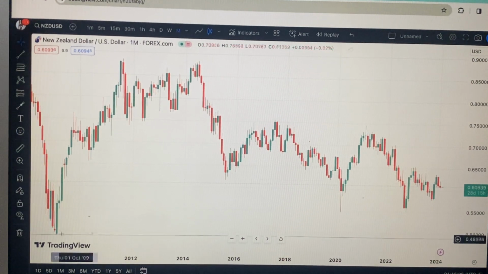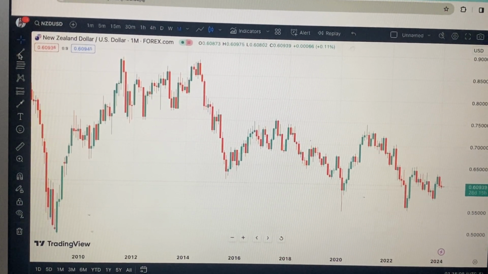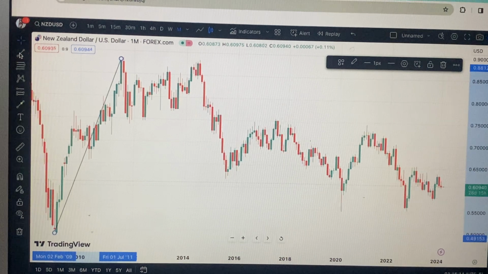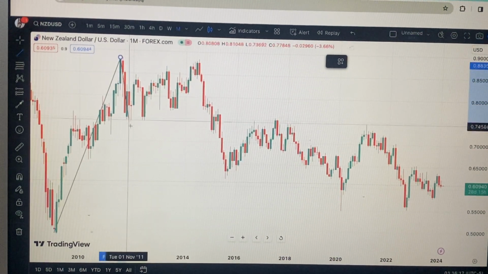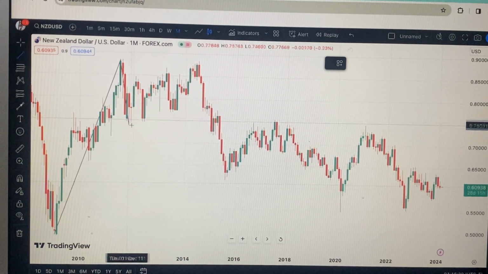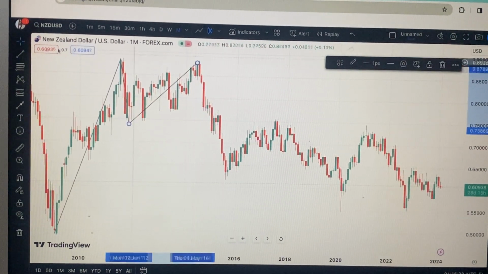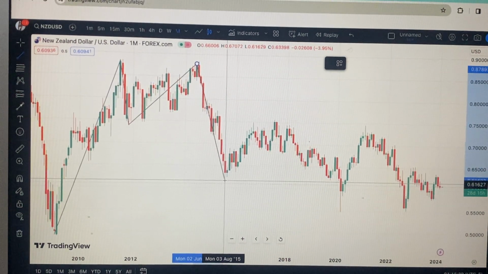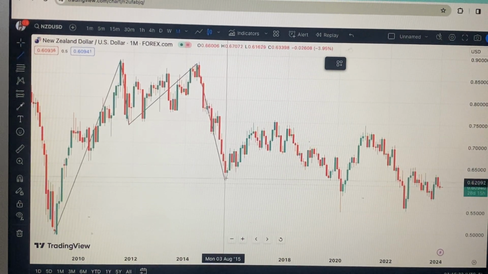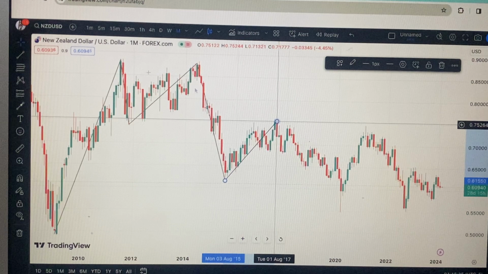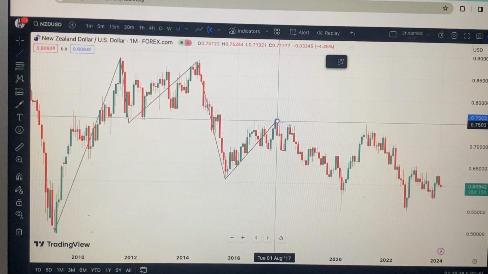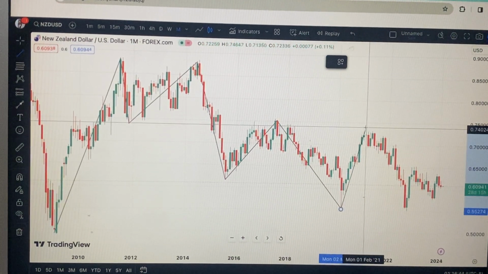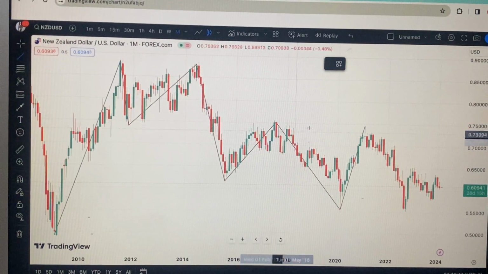If you see from here on our chart, you see that the market pushed from here up here, then pushed downwards to this spot, then also pushed upward, then it pushed downwards, and if you look, it also pushed up to this spot and then pushed down, pushed up again, now pushed down.